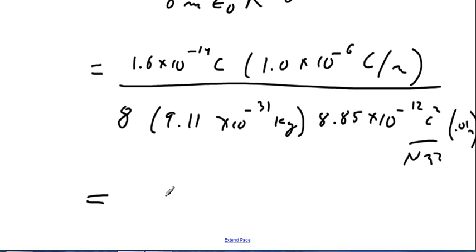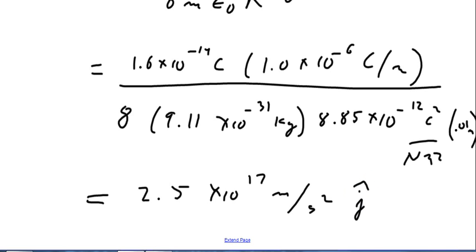I put that in my calculator, I get 2.5 times 10 to the 17th meters per second squared in the j hat direction.